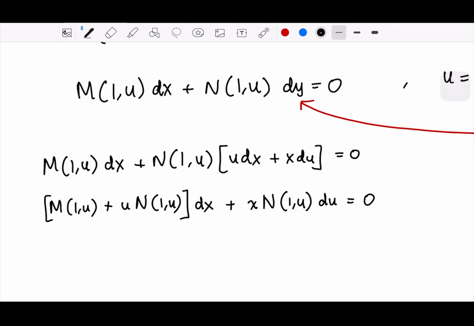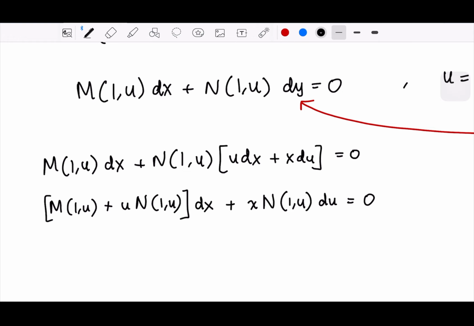It also depends on the function, and we are going to see very soon in the examples what kind of function we have. So we are going to have either u and x or v with y, but at the end of the day, the next procedure is supposed to be the separable differential equations.